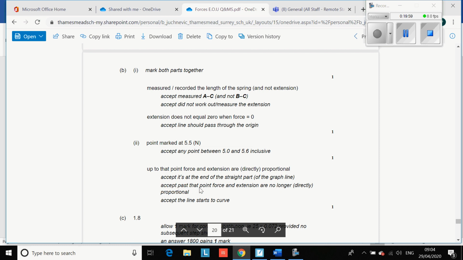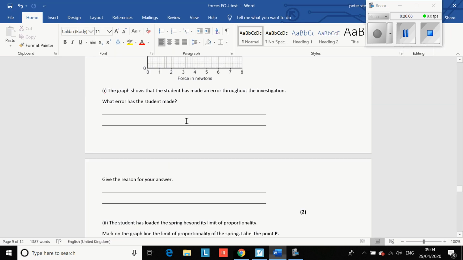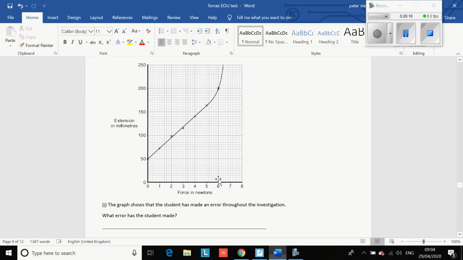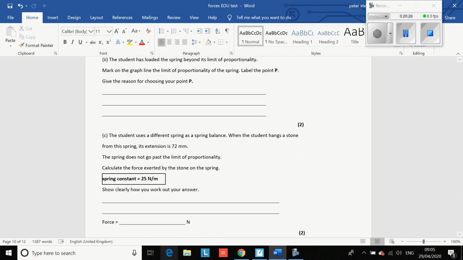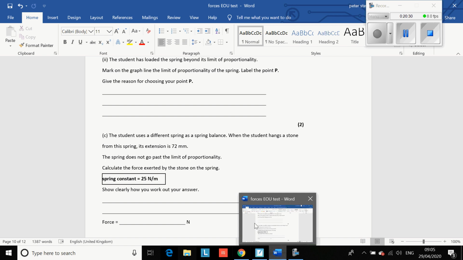Past that point, the force and extension are no longer directly proportional, or the line starts to curve. So you would actually need to mark on your graph at 5.5, where it starts to curve. You do need to be accurate in the exam. If you started marking there at 6, you wouldn't get the mark. It starts to curve there, 5.5.